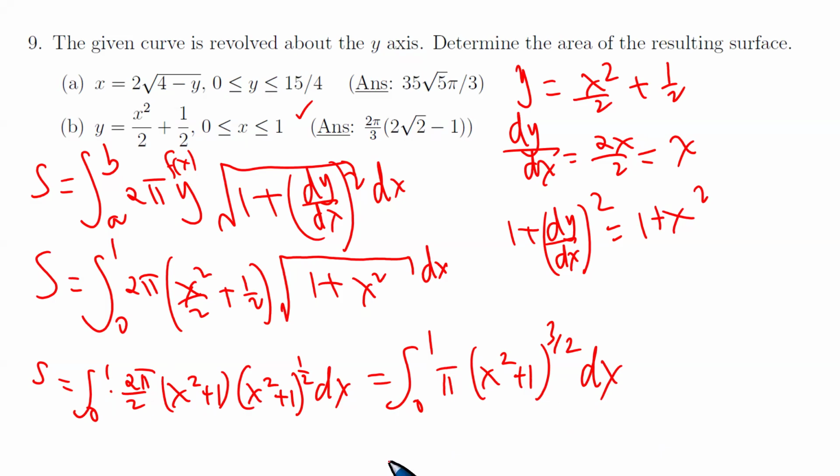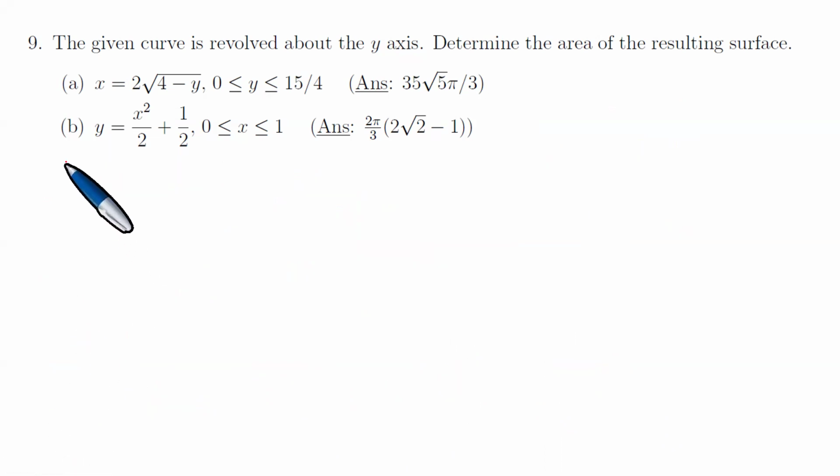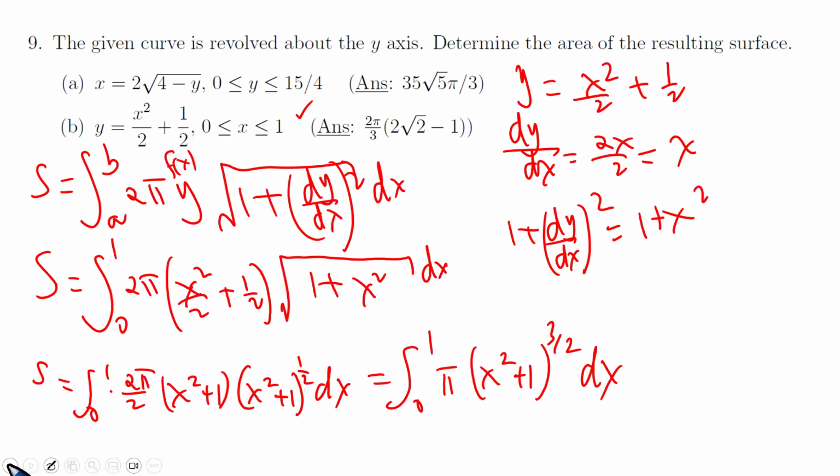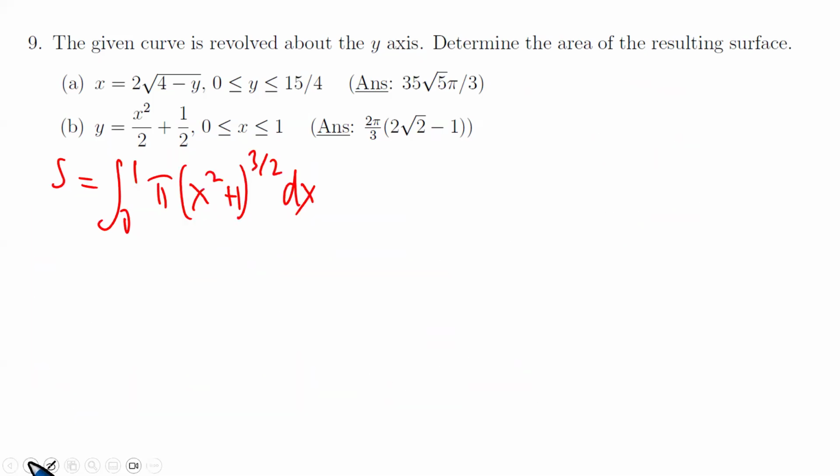And you need to find this integral: the integral from 0 to 1 of pi times x squared plus 1 to the 3 over 2 dx. You need to let x be equal to tan theta.